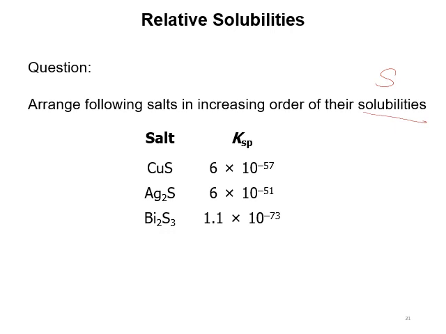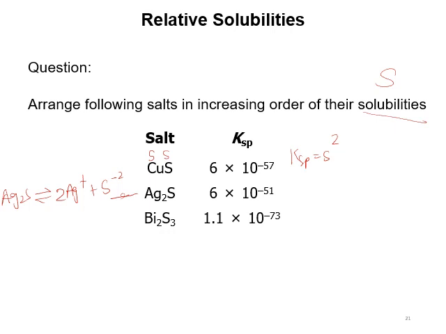So CuS is fairly simple. It's going to produce 1 copper ion, 1 sulfide ion, which will make our Ksp S squared, right? This is a tricky one. Ag2S is going to produce 2 silver ions and 1 sulfide ion, right?